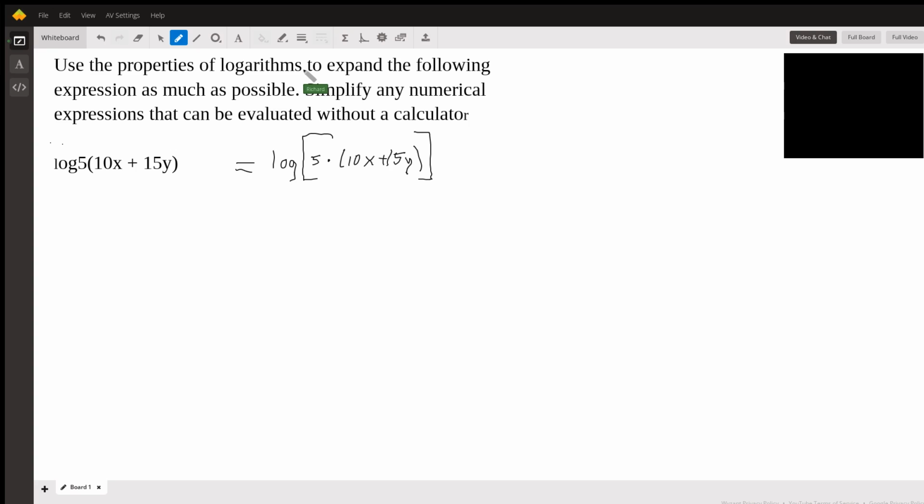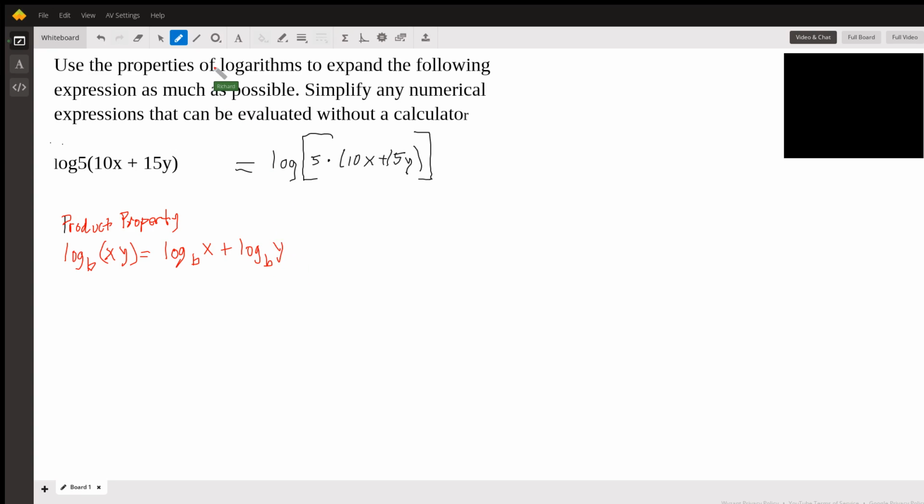The product property says the log with a base of b, which is just an arbitrary base, we'll talk about this in a minute, of x times y, the log of the product, is just the sum of the logs. So this would be log base b of x plus log base b of y.